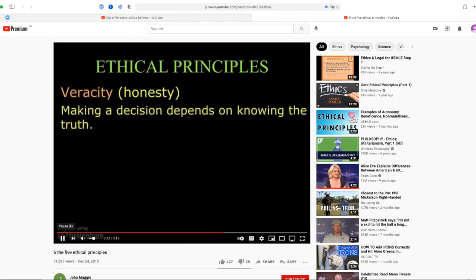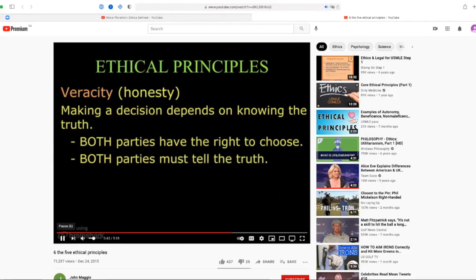Making a decision depends on knowing the truth. Both parties have the right to choose, both the patient and the dentist. And both parties must tell the truth. The dentist has to give the patient the whole truth, and the patient has to tell the dentist everything.